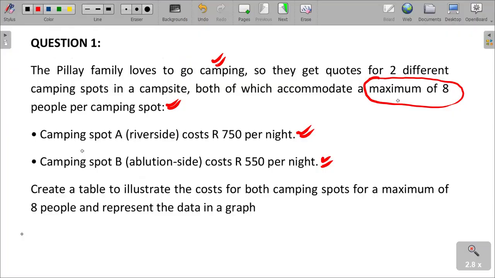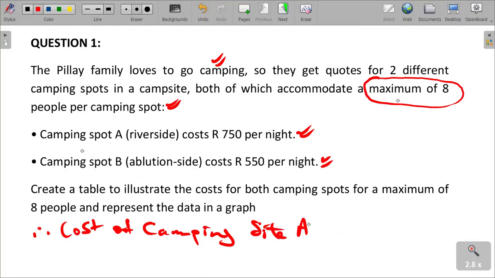So what we are supposed to first of all know is that we are saying cost of camping site A. What is it?